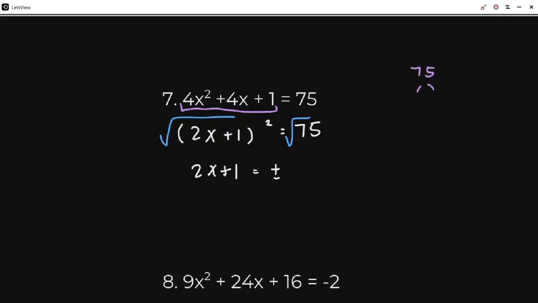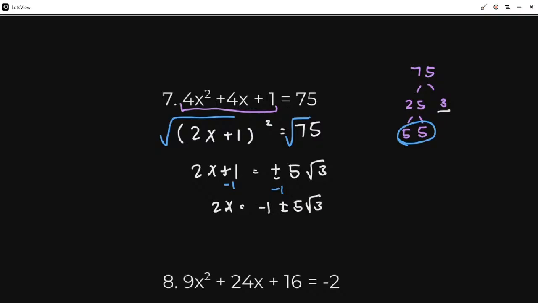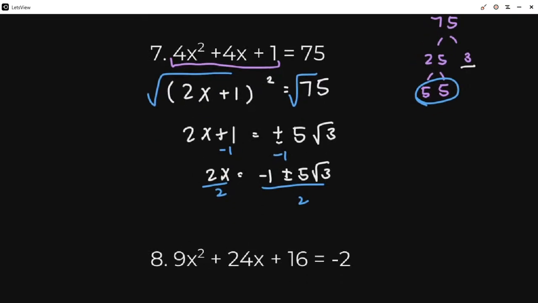So 75 breaks up into 25 and 3, and 25 is 5 and 5. So this pair will come out and the 3 will stay inside. So that's plus minus 5 rad 3. Then we're going to subtract 1. So 2x equals negative 1 plus minus 5 rad 3, and divide by 2. So our final answer would be x equals negative 1 plus minus 5 rad 3 over 2.